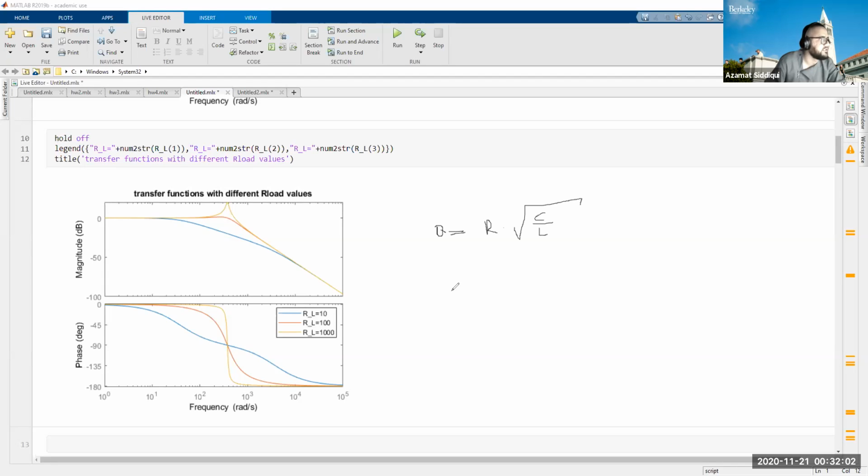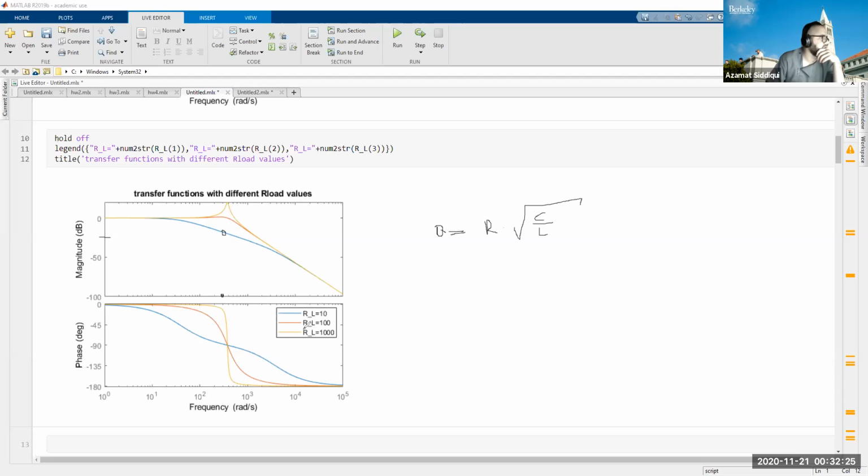So what you could see is when you increase R, you see that the resonant frequency, which is right here, you see you have different peaks. As you increase R equal to 10, you can see it's pretty low right here. It's around negative 20 dB, or 30, 25 dB.